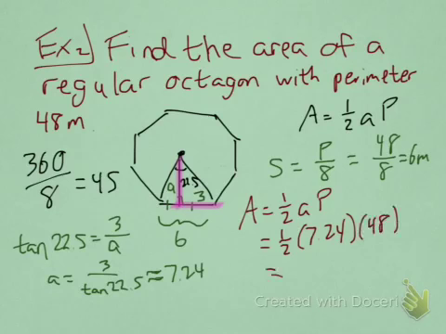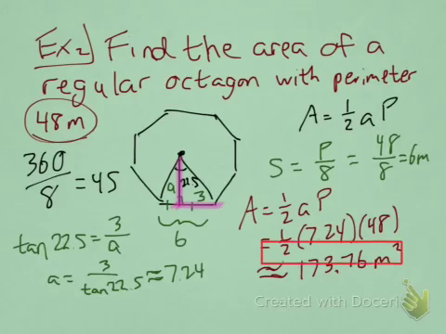Plug that into your calculator, and you end up with 173. I'm going to round here. The area is approximately 173.76. What's my unit? Well, it says 48 meters up here, so square meters, which would give you your answer.